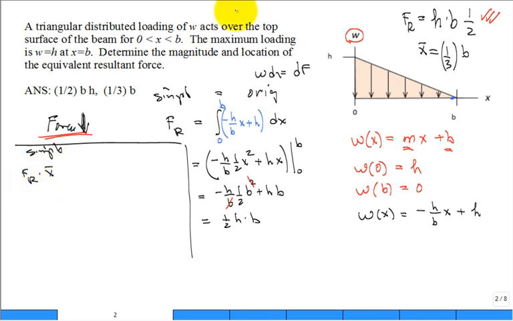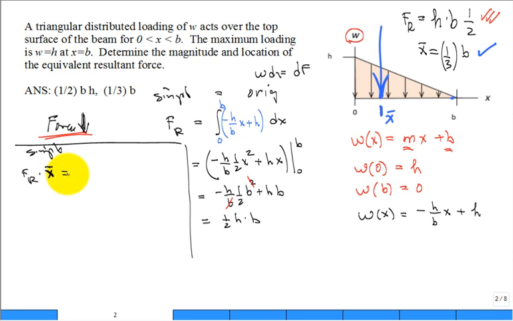And we already talked about that, it needs to be something like right here, 1/3 over from the base where it's the height all the way out to the tip where it goes to 0, right? This should be that location, x bar, and we already got the magnitude. Okay, so we're looking to calculate this equation for x bar, finding its 1/3 base.